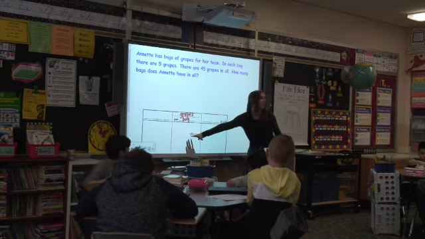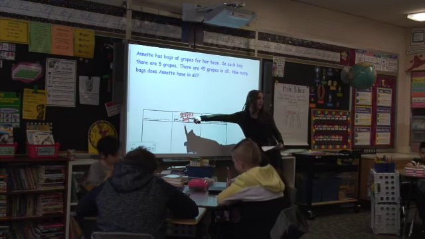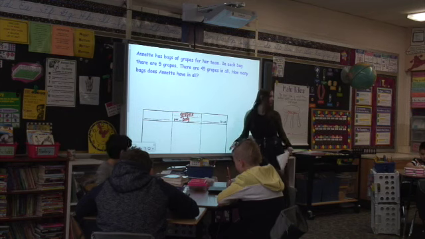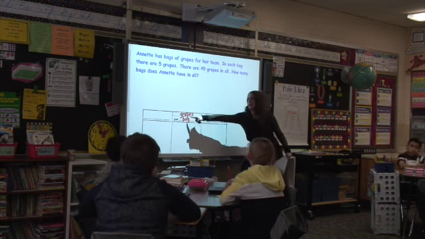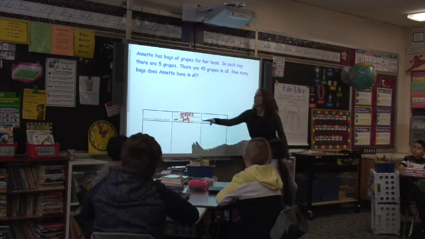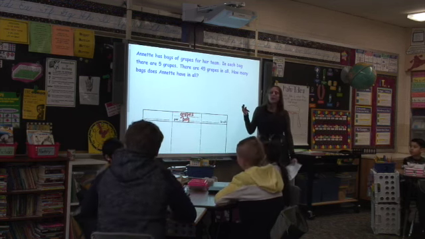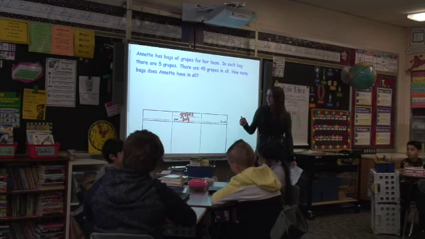But this is just to tell us what information we're putting in the box. So the information we're putting in this box is what, everyone? Grapes per bag. Okay?